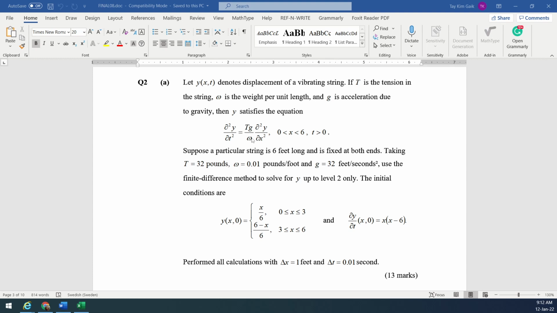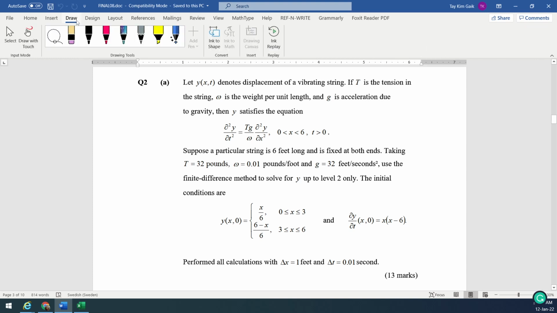Normally the wave equation that we learn is in this form: ∂²u/∂t² equal to c squared ∂²u/∂x². In this question they just changed the u to y, and c squared is given by the tension times the gravity force divided by the weight per unit length.